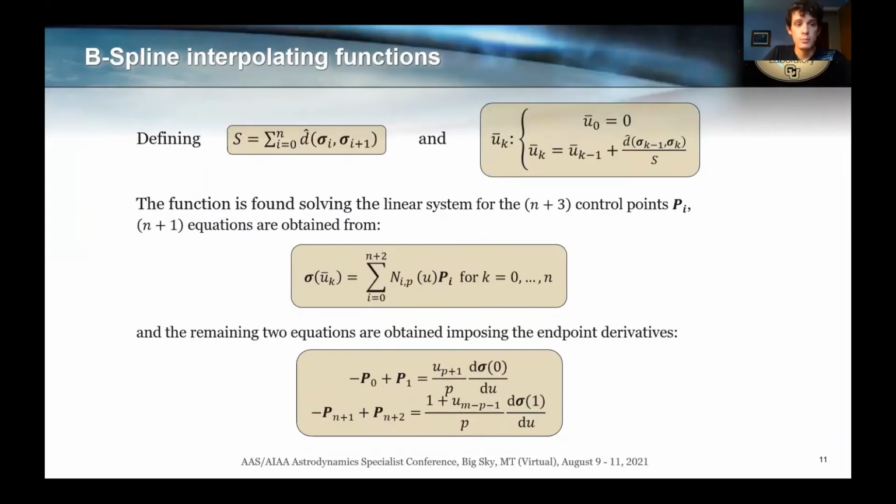And to compute the B-spline function that we desire, we need to solve a linear system of n+3 variables, which are called control points Pi. And n+1 equations are provided by the condition of exactly interpolating the n+1 waypoints. And the two additional equations are obtained by enforcing the endpoint derivatives, specifically the initial and final angular rates for our maneuver.